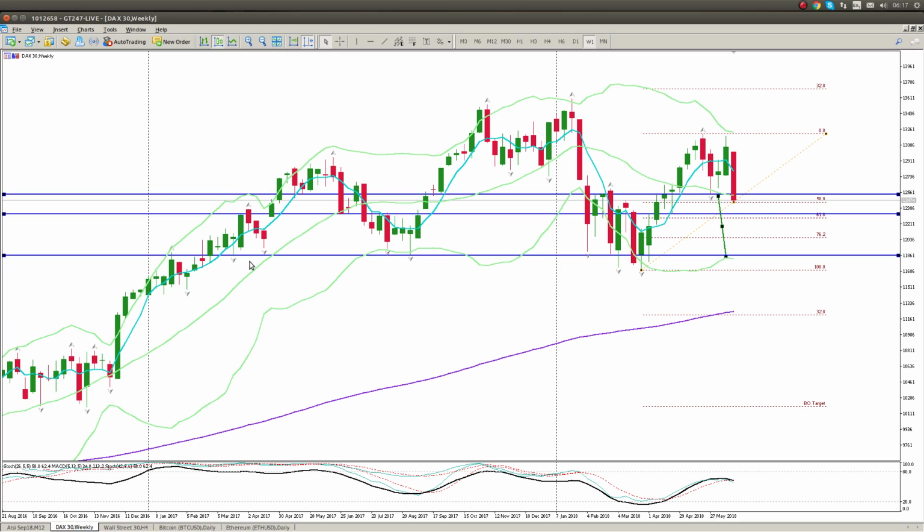It's open, this tail here, and these tails here. So this is a pretty big level that's down here. So those are the two views. Quite simple: we're either going up or we're going down.